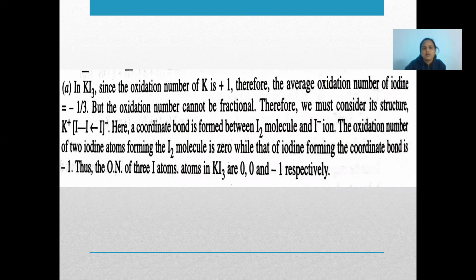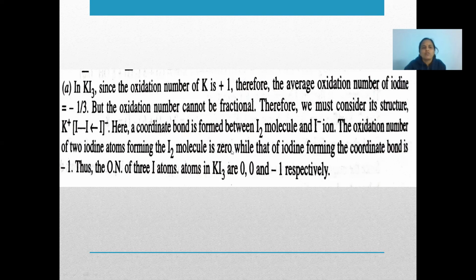In KI3, the oxidation number of potassium is +1. Therefore, the average oxidation number of iodine comes out to be -1/3. But as I said, the oxidation number cannot be fractional. Therefore, you should consider a structure, and the structure is K+ with I2, and one I- held together with a coordinate bond. So here a coordinate bond is formed between the I2 molecule and the I- ion.